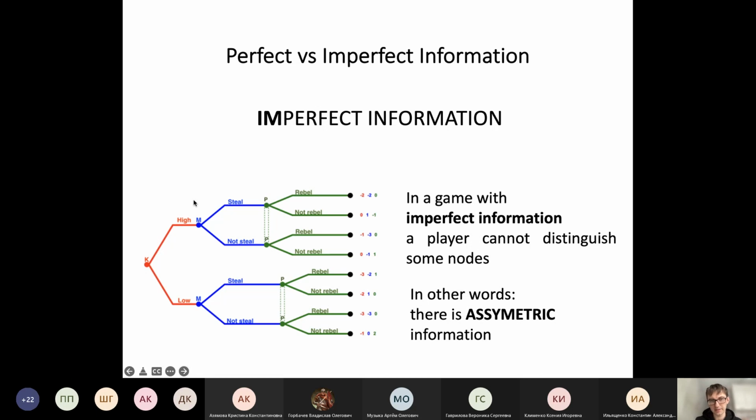So what actually happens in this game? There is a king who decides what taxes to put, high or low. There are king's servants who decide whether to steal or not steal from the king and from the peasants. P are peasants.